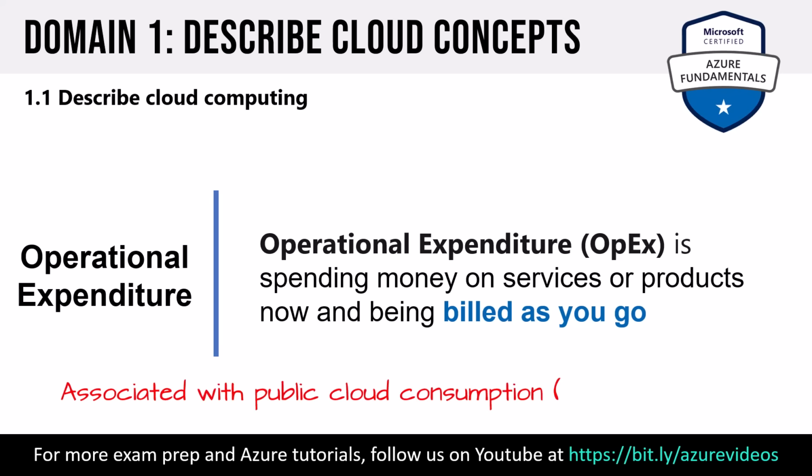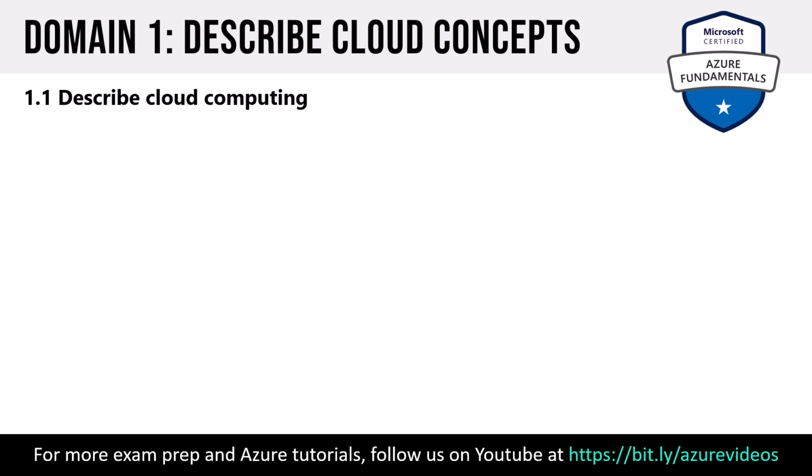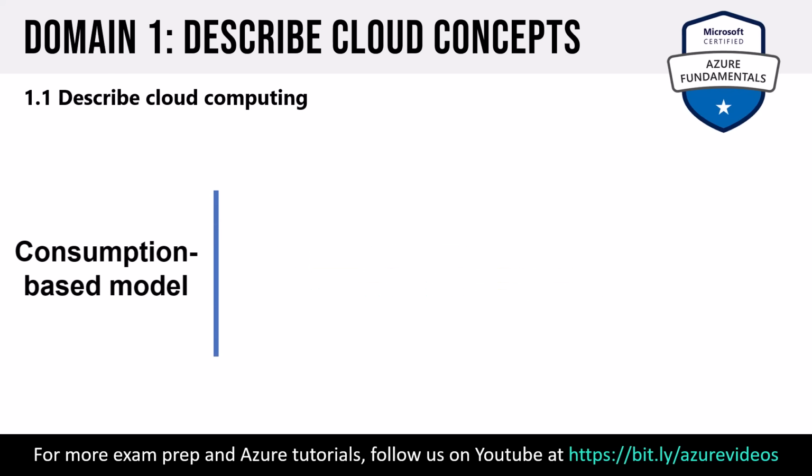This is associated with public cloud consumption, a pay-as-you-go model, as with Microsoft Azure. So you'll definitely want to remember that OpEx is associated with cloud and CapEx is associated with investment in on-premises infrastructure. The cloud increases OpEx spending and it reduces CapEx spending. So if you keep those two concepts straight, that's about all you should need for the exam.